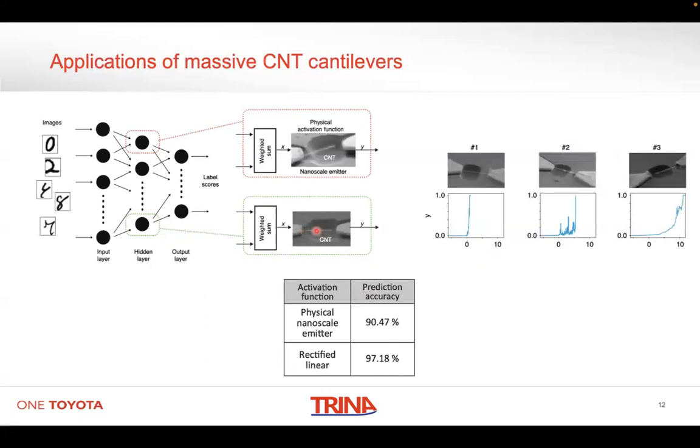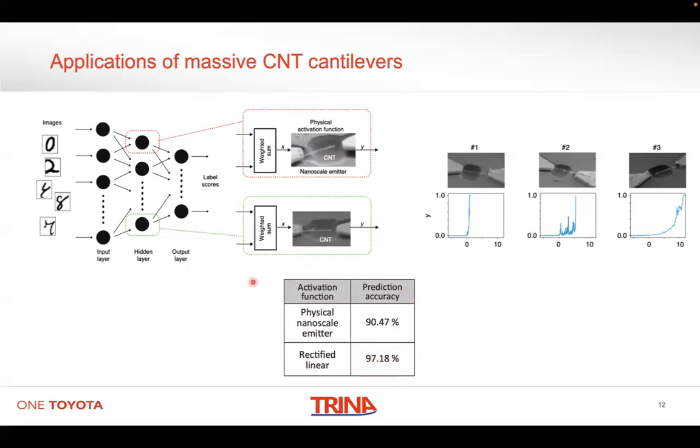So this behavior is quite suitable for the activation function. We emulate this structure of a neural network with the measured data like this one, and we test an image recognition task with the MNIST data set like this one. Here you can find the prediction accuracy in this table. If we use the traditional rectified linear function as an activation function, the accuracy is about 97%.